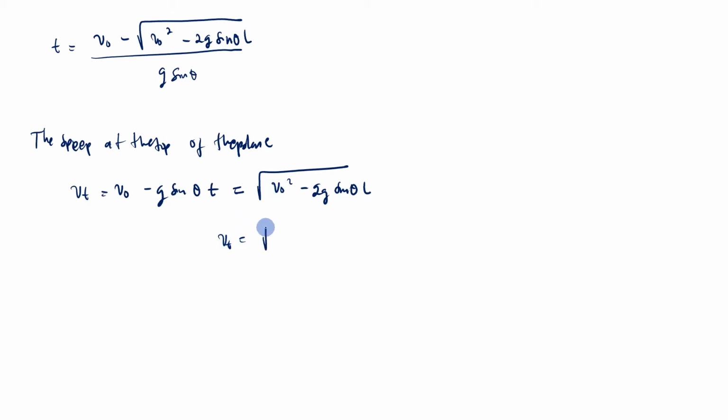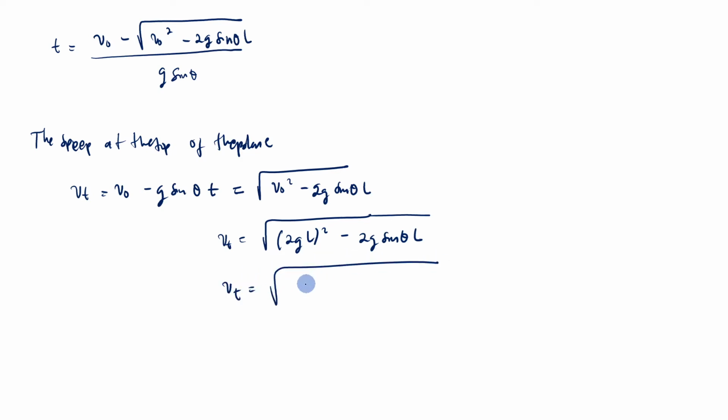Vt equals the square root of 2gL minus 2g sin theta L, and we can change this form by factorizing 2gL, and we get it like this.